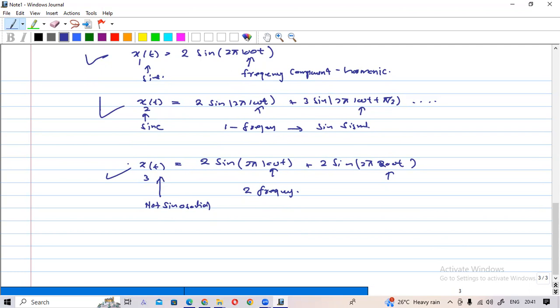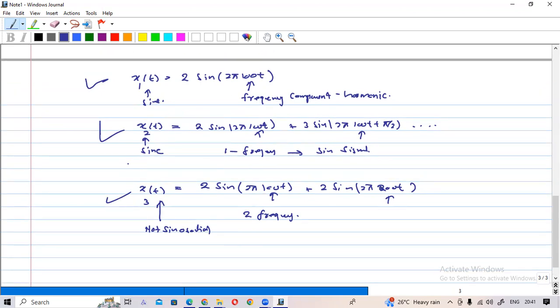Now, if you see this waveform on an oscilloscope, you will see a sinusoidal signal like this. Maybe the phase shift has changed. And if you see this one on an oscilloscope, again you will get a sinusoidal signal like this.